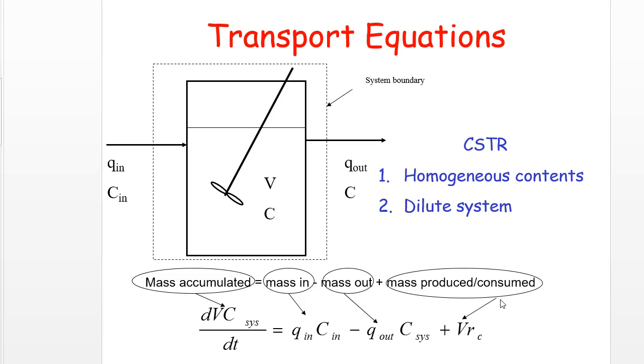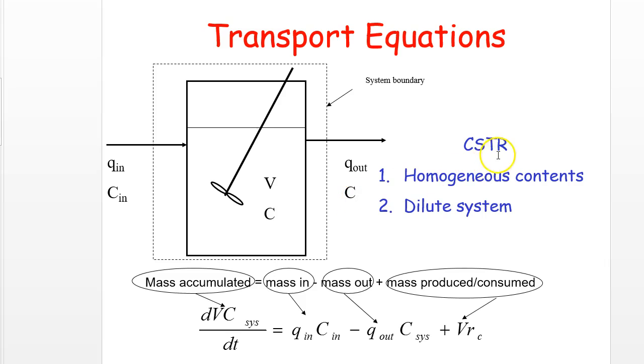Okay, we go on and we look at the typical case where we have a continuous flow stirred tank reactor. We know what goes in, a flow and the concentration, and within the volume V, we have a concentration that is equal to the concentration coming out.